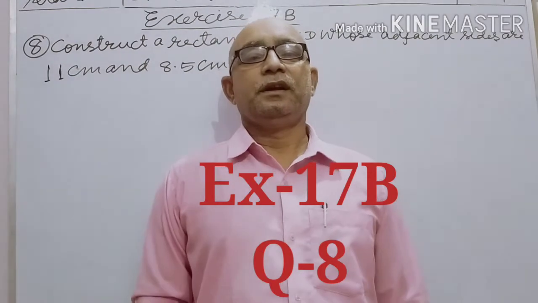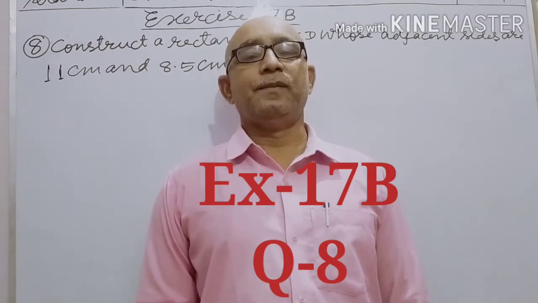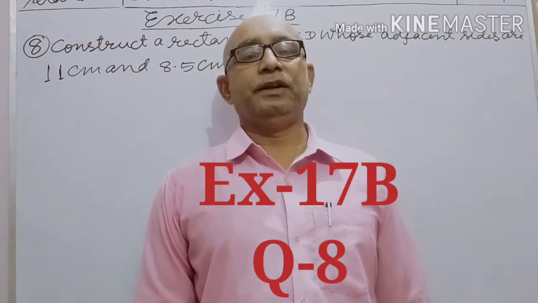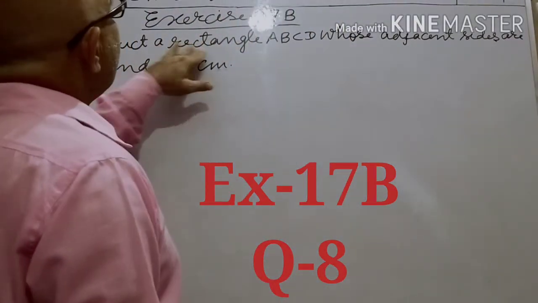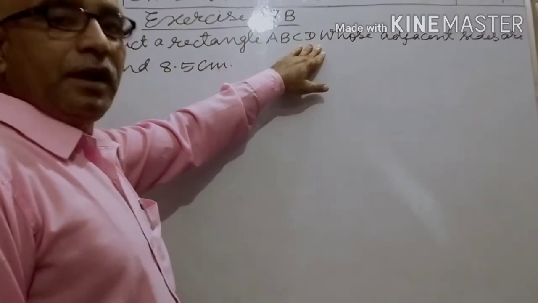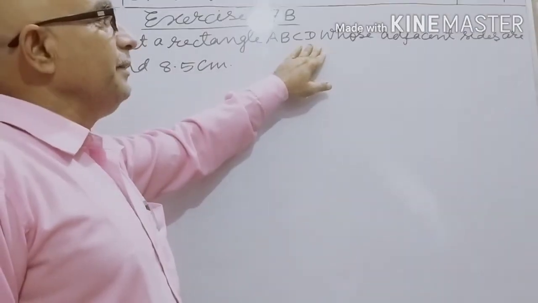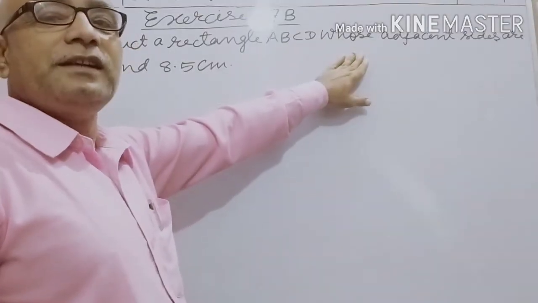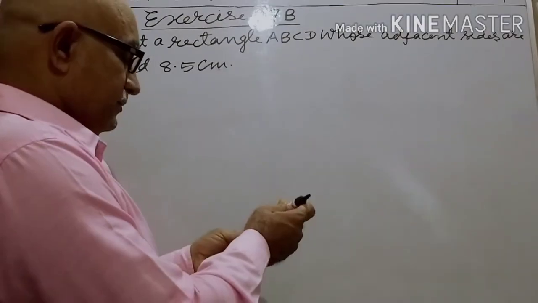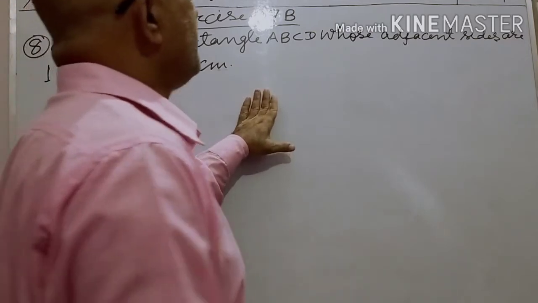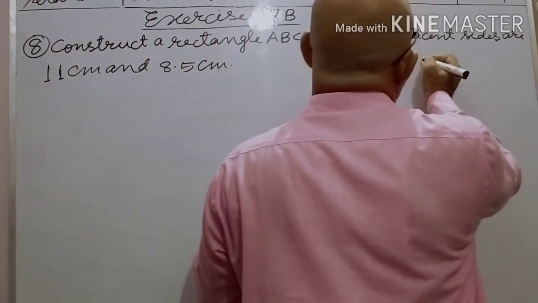Students, next question is question number 8 of exercise 17B. In this question, construct a rectangle ABCD whose adjacent sides are 11 cm and 8.5 cm. First of all, draw a rough sketch of rectangle ABCD.